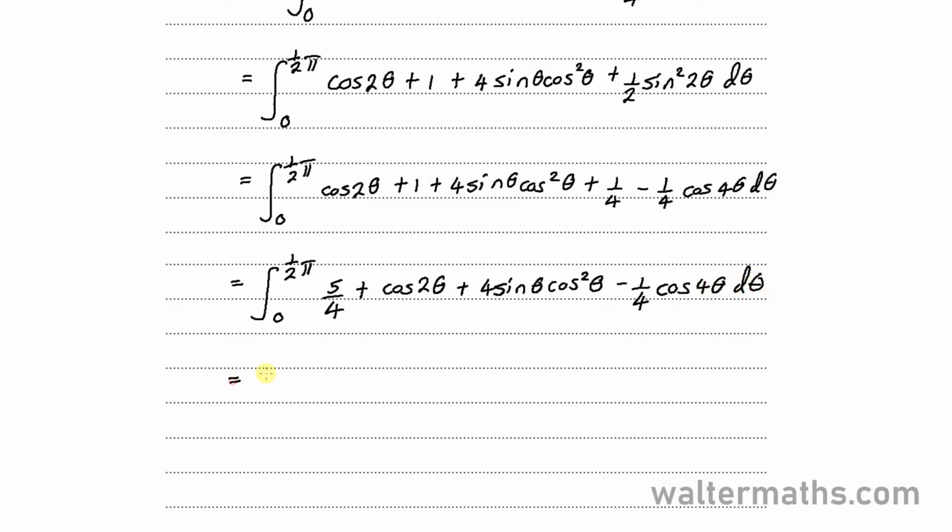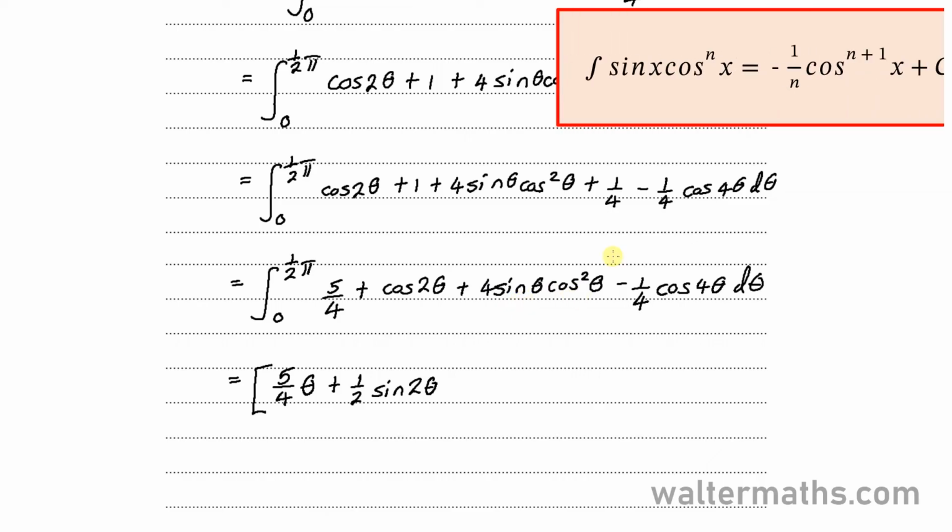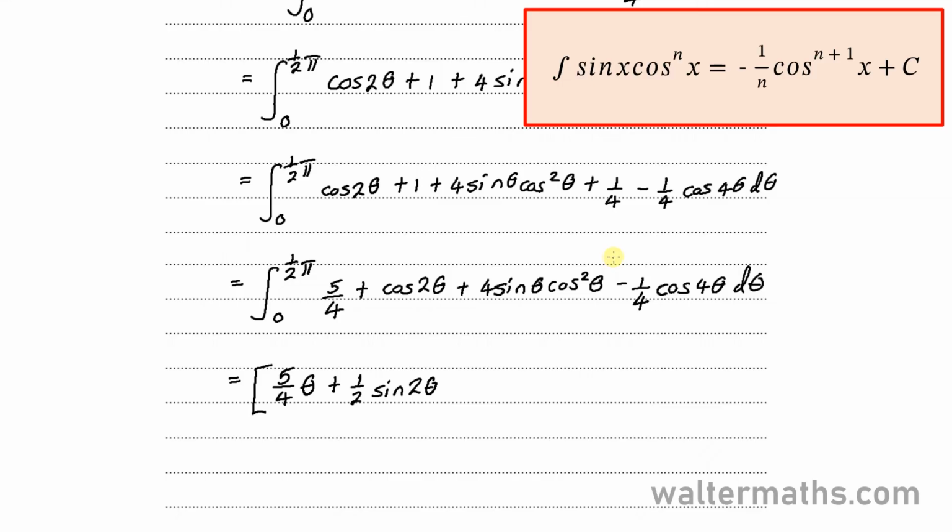So we are now integrating 5/4, we get 5/4 of theta, and it's plus integrating cos 2 theta, we get a half of sine 2 theta, and integrating 4 sine theta of cos squared theta, we can consider that integrating sine x of cos to the n of x with respect to x gives us minus 1 over n plus 1 of cos to the n plus 1 of x plus c.